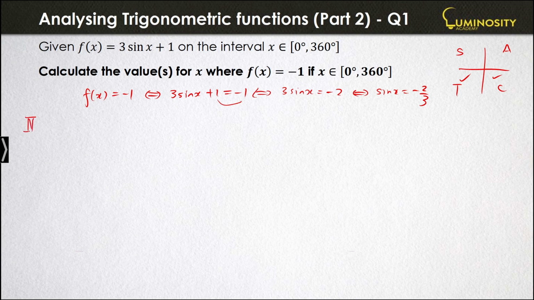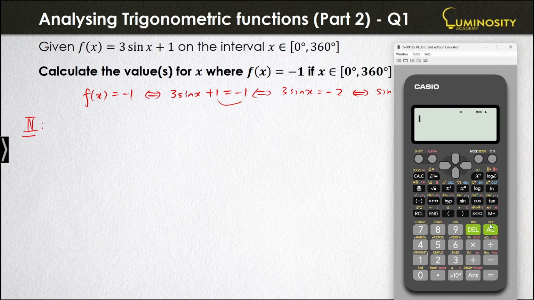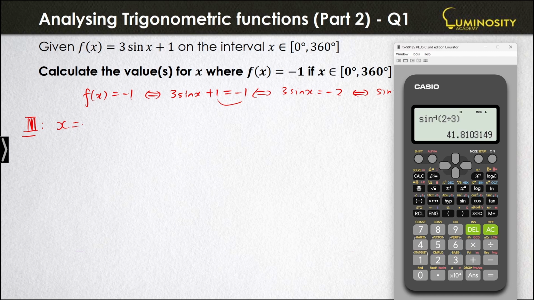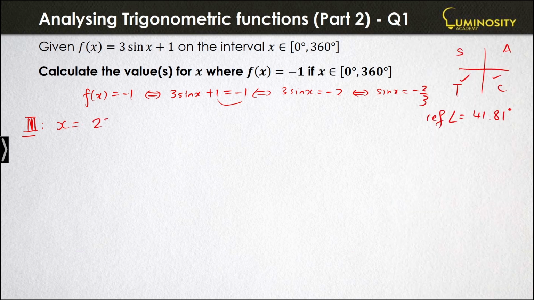In the third quadrant, first let's work out our reference angle. The reference angle is always the inverse trig ratio of the positive number 2 over 3. I get 41.81 degrees. So the quadrant 3 solution is x equals 180 degrees plus that reference angle, so 221.81.